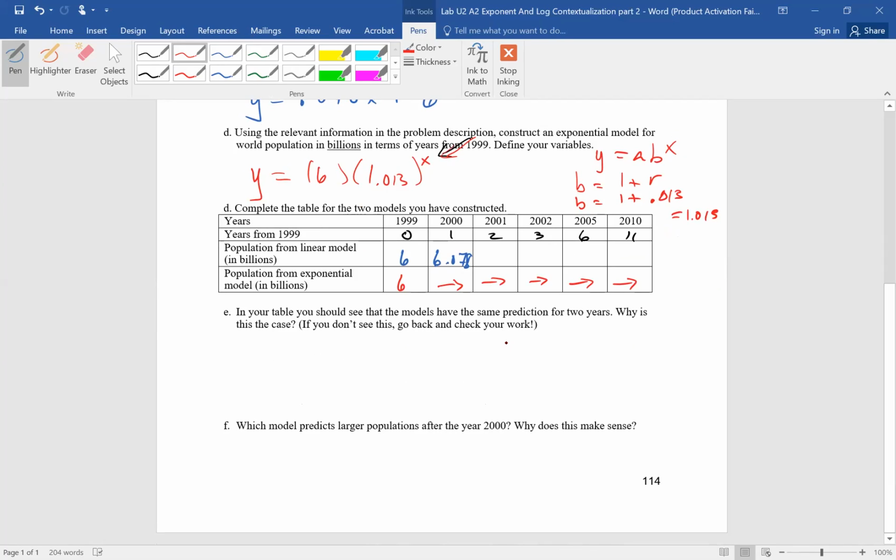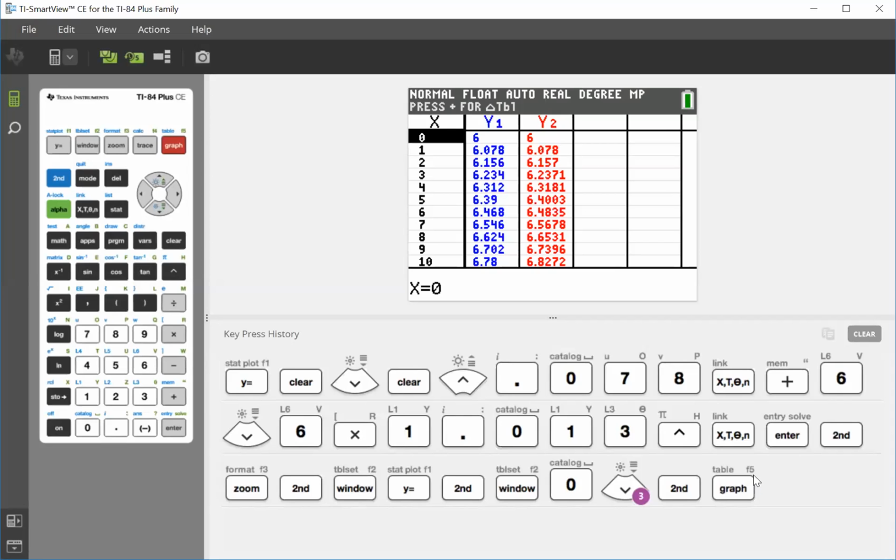Which model predicts a larger population after the year 2000? After the year 2000, if we're really looking, and we can go back to my calculator if you want, and I think my picture is now gone, but after the year 2000, you'll notice even in my picture, let's see if I can do that again. I'm sorry, I just erased it. So I had one like this.